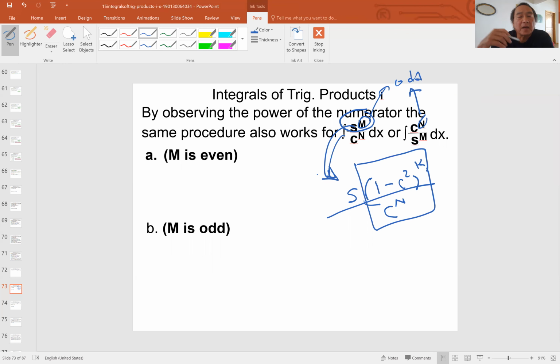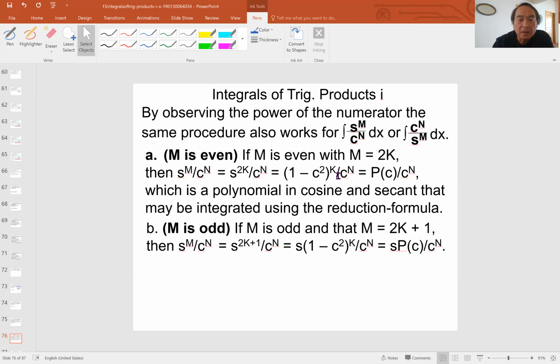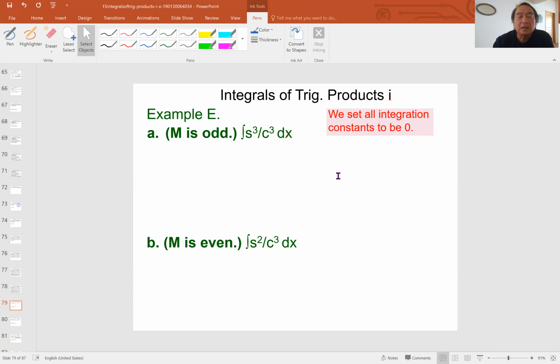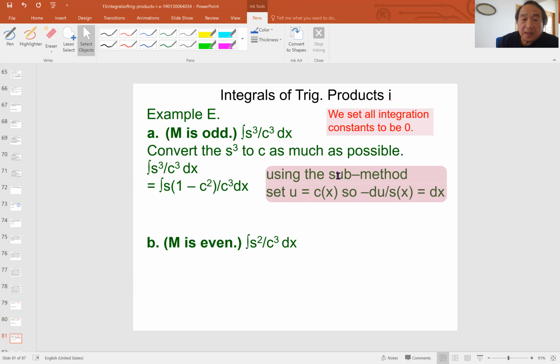That is, if the upstairs power is odd, we can split out a copy. Like here, I'm going to split off one copy of the sine, and sine squared is 1 minus cosine squared, so I convert that into cosines.